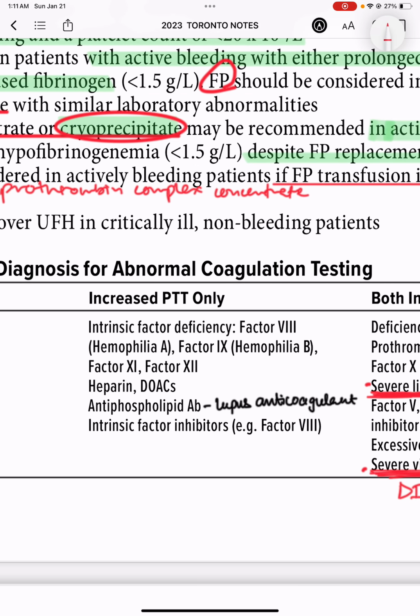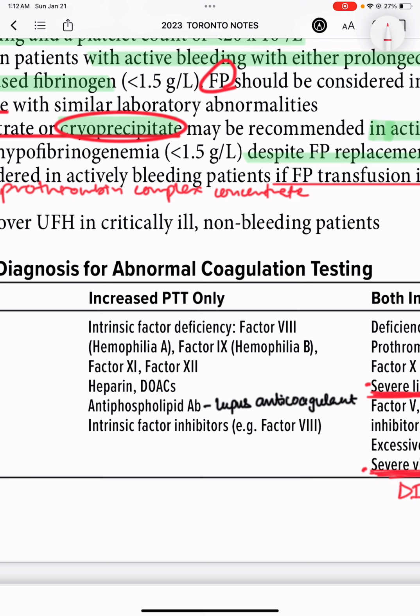markers. But increased PTT only would be happening in problems with the intrinsic pathway, that is intrinsic factor deficiency, like factor 8, which is hemophilia A, like factor 9, which is hemophilia B, like factor 11, 10 is common, factor 11, which is hemophilia C, factor 12, and then heparin, because heparin works by activating antithrombin 3, amplifying the activity of antithrombin 3.